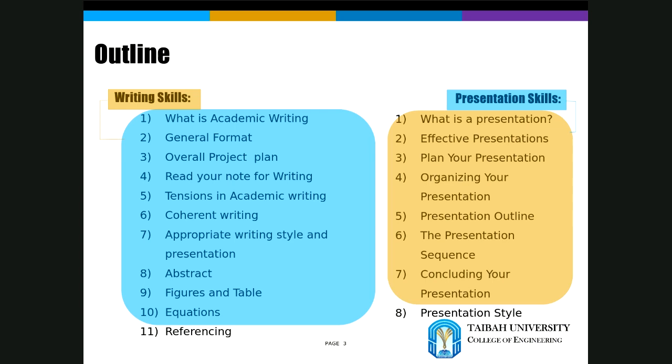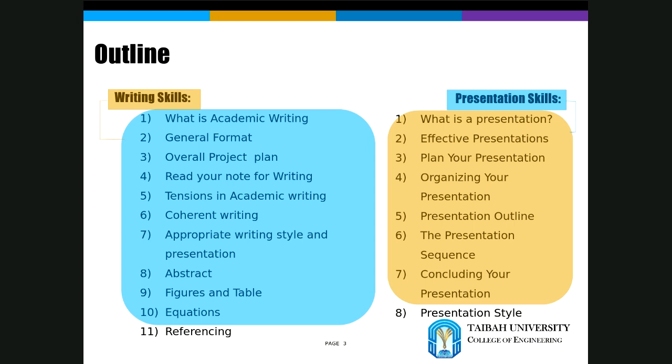We're going to look at the abstract. It's really important to have a well-written abstract, so we're going to see how to write it. Then how to label your figures and tables and why they are important, equations, how to write an equation, and referencing. So that's one session. And then we're going to move on to the presentation skills.